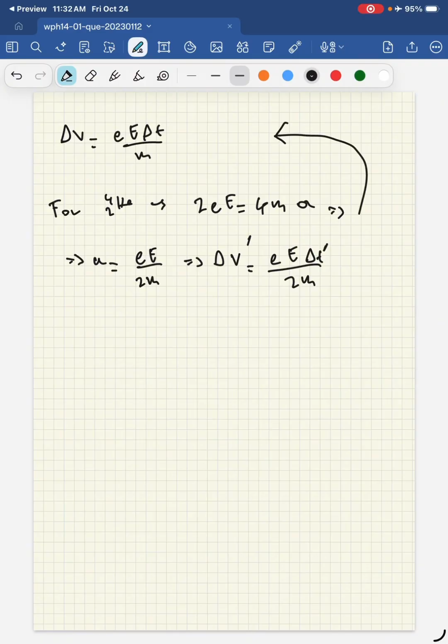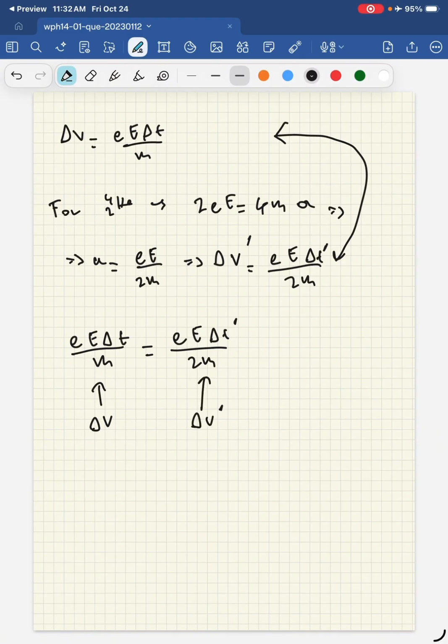But these two have to be the same. We have to set them equal to see what's different. So e times E times delta t over m, which is delta v for the proton, should be equal to e times E times delta t prime over 2m, which is delta v prime for the helium-4 nucleus.